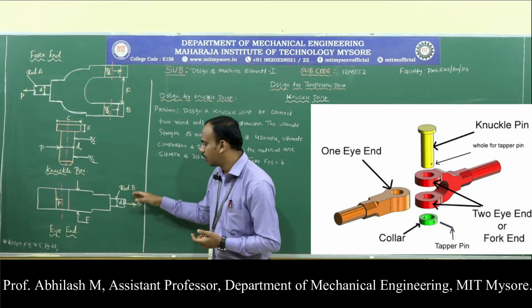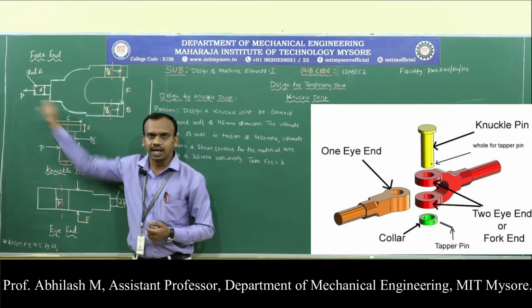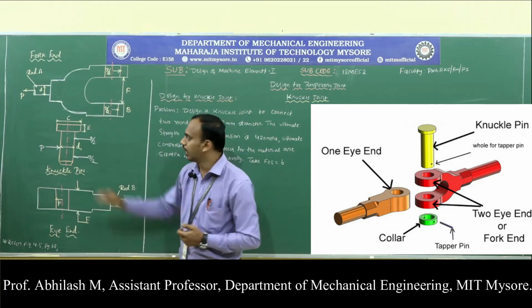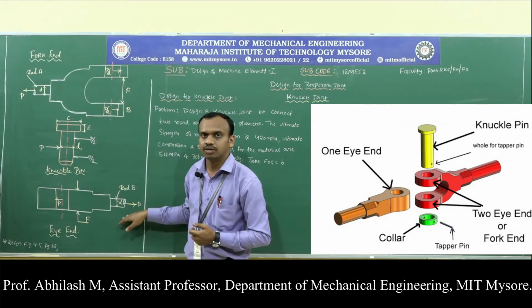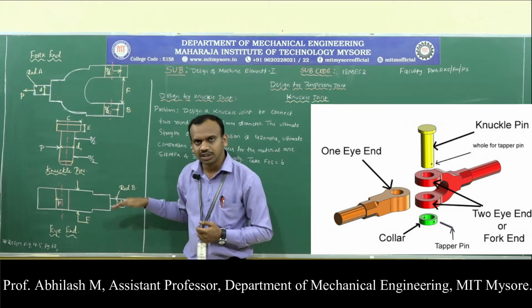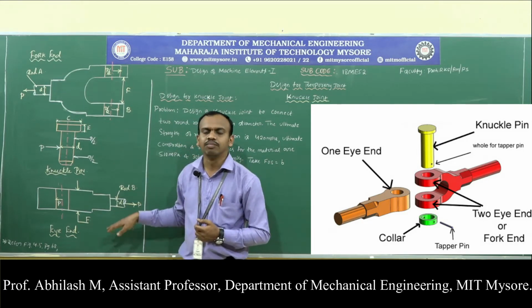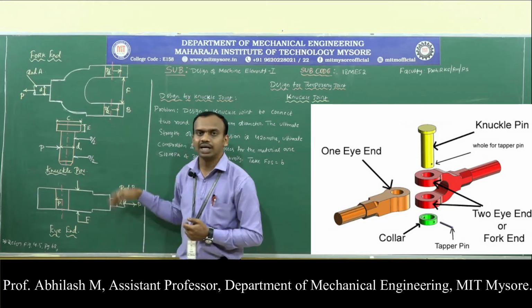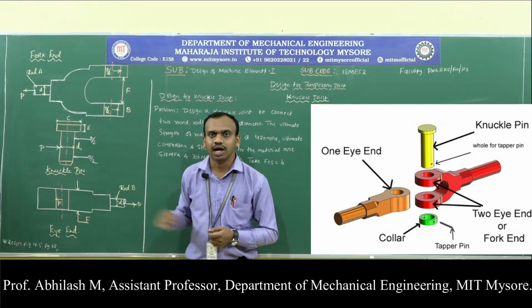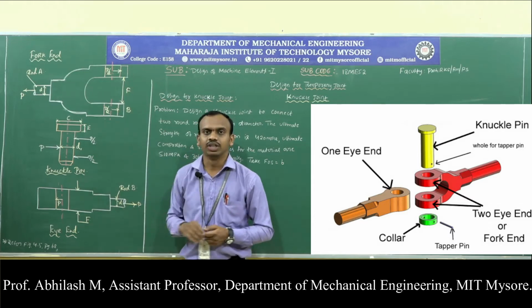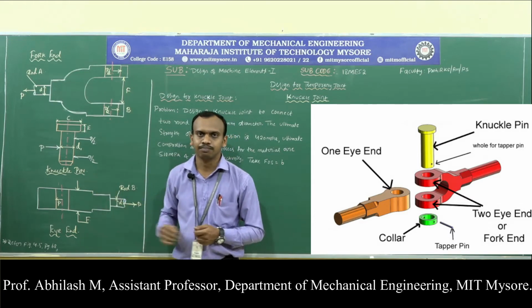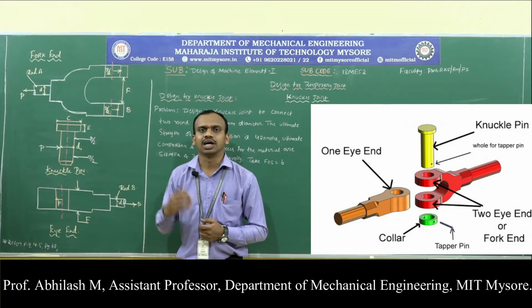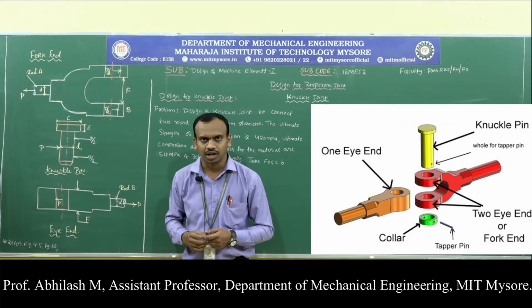Imagine there is a rod A and a rod B, and you are supposed to connect these two rods. The rods themselves will be made into the parts of the knuckle joint, and these two are connected with the help of a knuckle pin. So this is the construction of the knuckle joint.